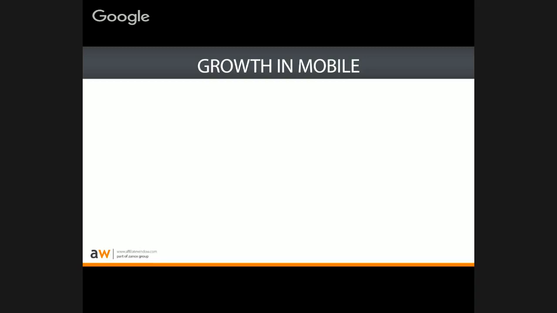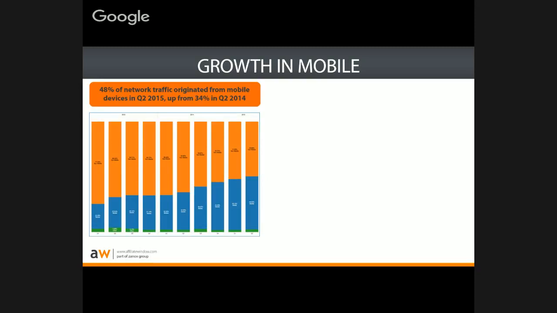I'll give you some background on this, because these stats are both quite impressive and quite frightening at the same time. Almost 50% of Affiliate Window traffic originated from mobile devices during Q2 2015, which is hugely significant.